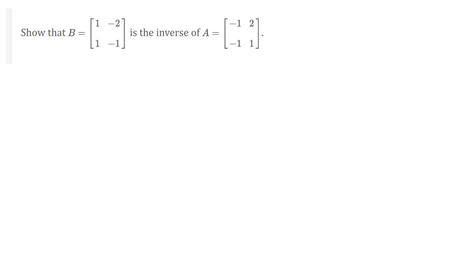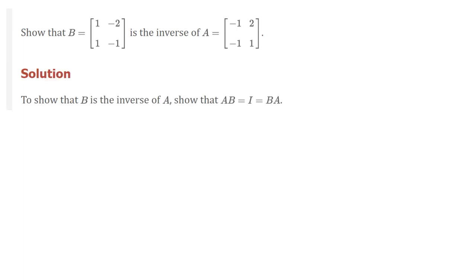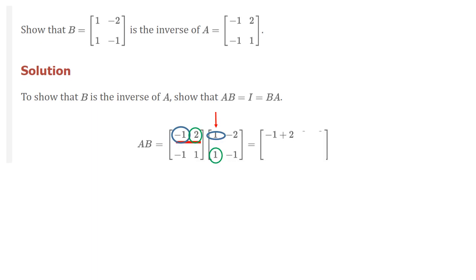So far, they're the same type of matrix, but let's see if B is the inverse of A. To check, we'll multiply matrices A and B, and if we get the identity matrix, 1, 0, 0, 1, then yes, B is the inverse of A. We'll also do it in reverse, because A times B has to give us the identity, and B times A also has to give us the identity.